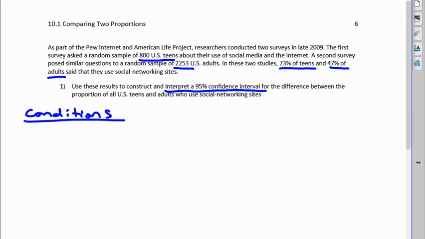The main thing is that since we don't have parameter values, we're going to be using our statistics as our best guess, and so we will use the p-hat values as needed.